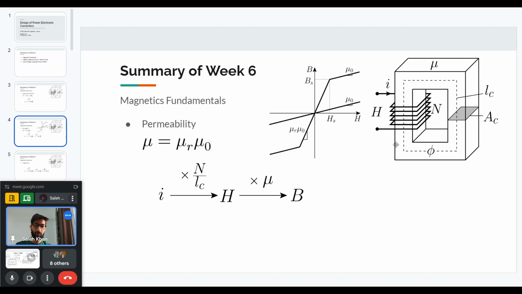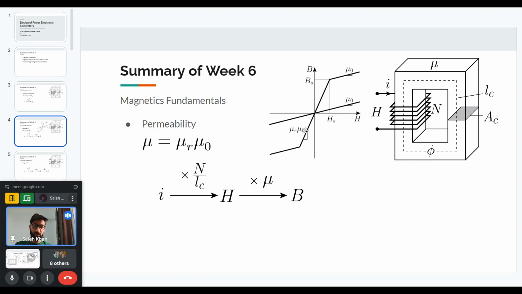Depending on how much the permeability is, you can estimate how much magnetic field can flow through that material. But a property of these magnetic materials is that as we increase the H value, ideally the B value should increase proportionally, so B should be equal to H times mu.